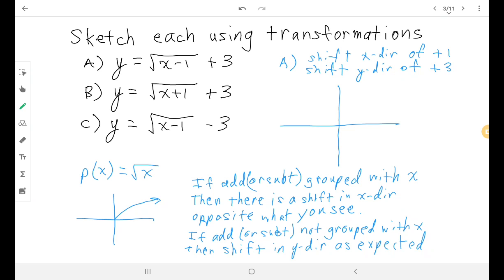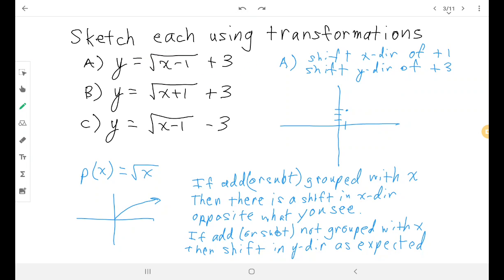If I get you used to talking about positive x and negative y and things of that nature. So we need to shift 1 in the x direction and 3 in the y direction, and that means we'll start there instead of starting here. And other than that, there's nothing else. There's only the addition and subtraction modifying this.